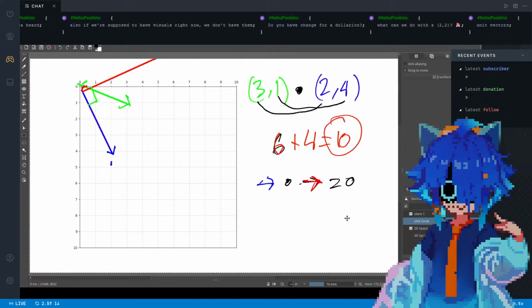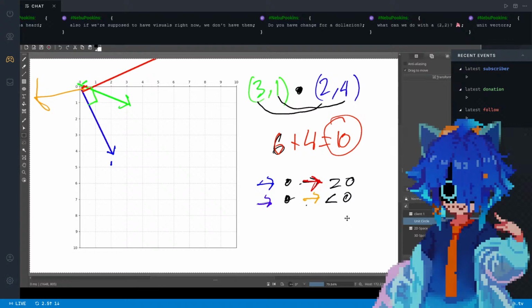So if they are normal vectors of each other, the dot product is 0. And if they happen to be pointing in approximately opposite directions, say the blue vector dotted with the orange vector, that should give us a number that is less than 0.